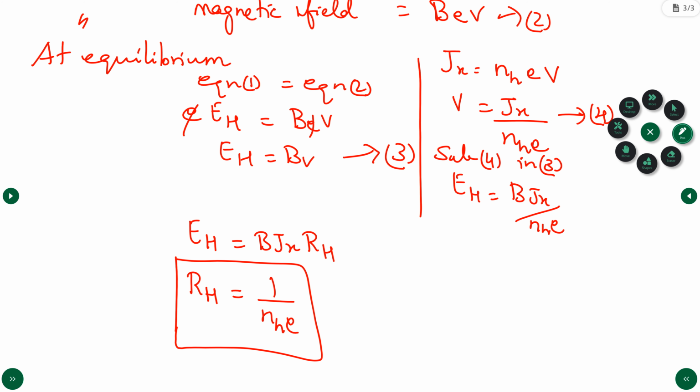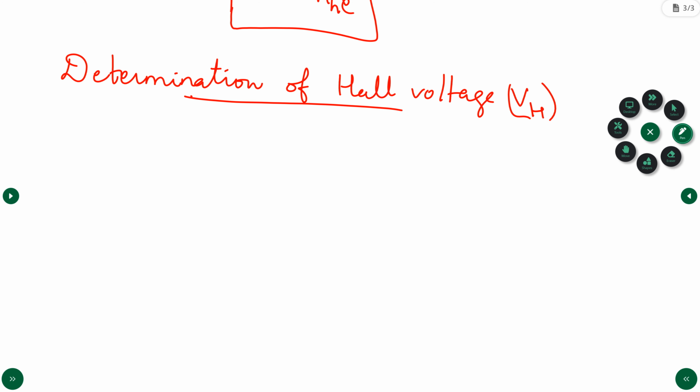Next title is determination of Hall voltage, which is mentioned as V_H. So generally voltage can be mentioned as, here V_H is equal to E_H into t.